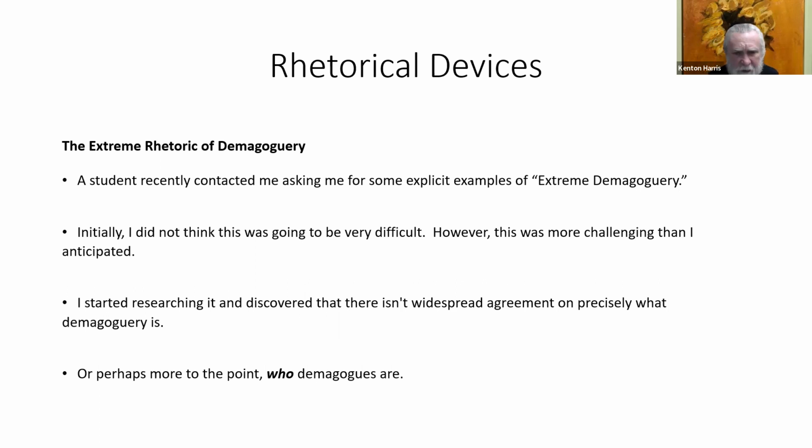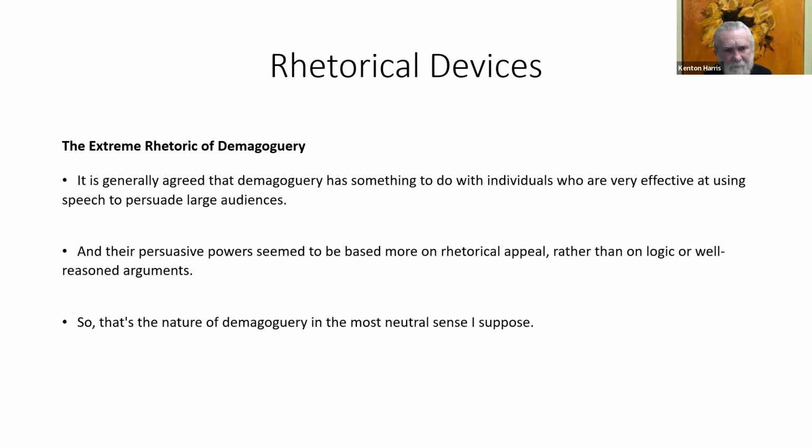I started researching it, and I discovered that there isn't widespread agreement on precisely what demagoguery is, or perhaps more to the point, who demagogues are. It is generally agreed that demagoguery has something to do with individuals who are very effective at using speech to persuade large audiences, and that their persuasive powers seem to be based more on rhetorical appeal rather than logic or well-reasoned arguments.